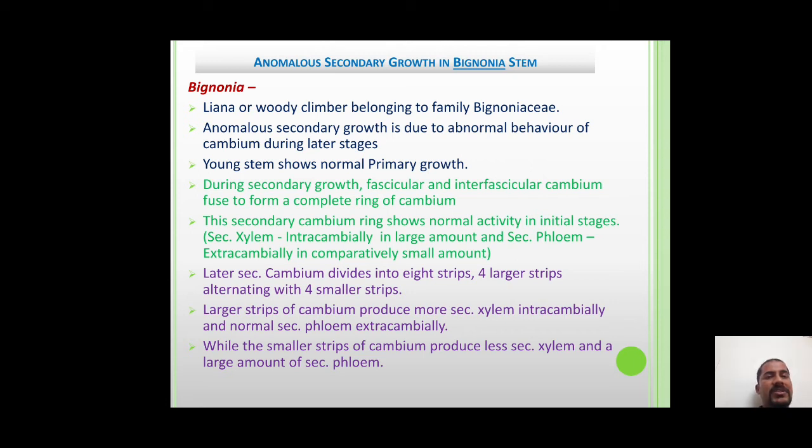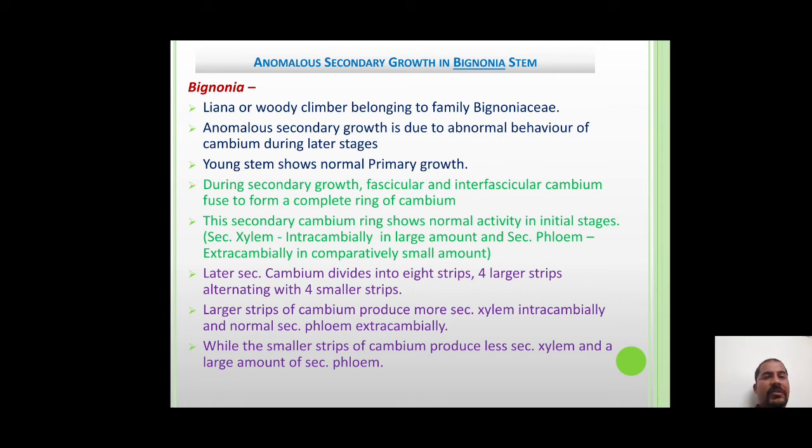That means the secondary xylem is produced intracambially in a large amount, and the secondary phloem is produced extracambially in comparatively small amount. Intracambially means inside the cambium and extracambially means outside the cambium.